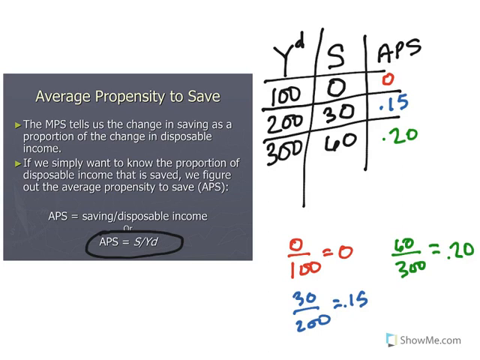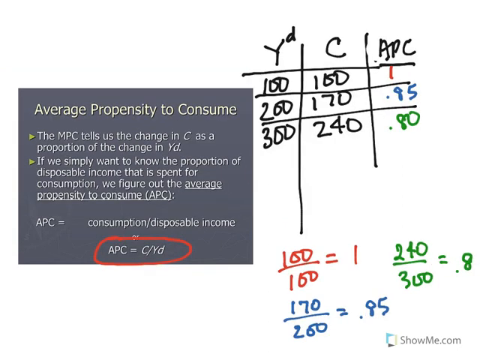Now again, notice that if we were to add these values to the values that we just looked at on the previous slide when we calculated APC, we would come up with the value of 1.